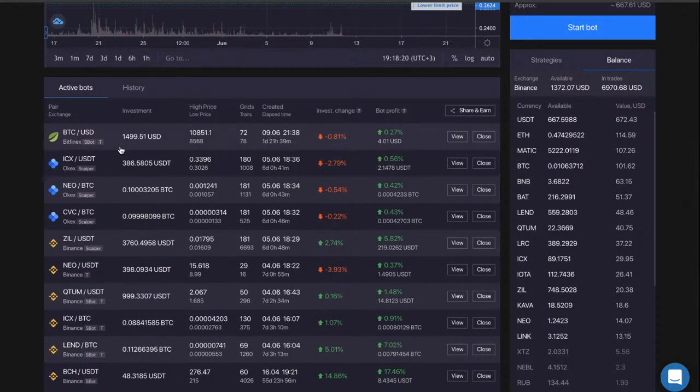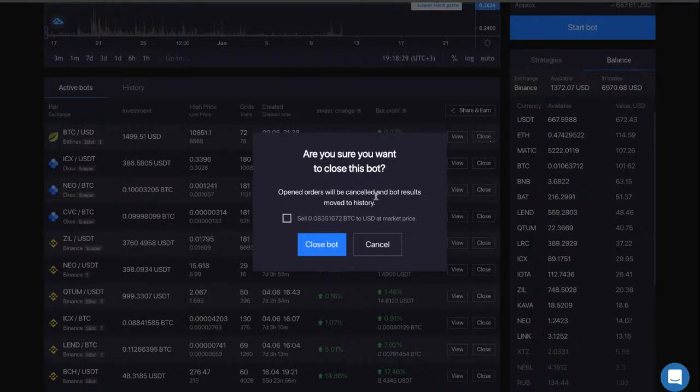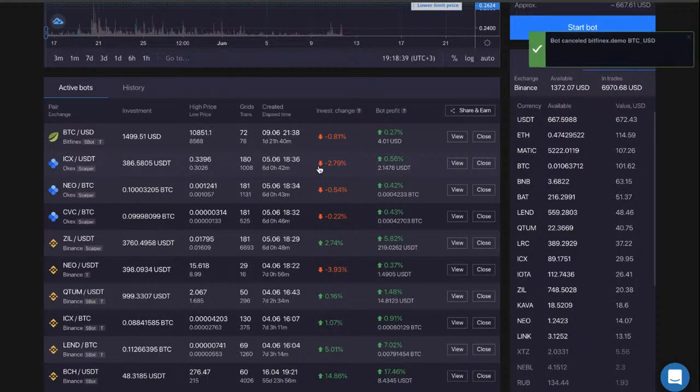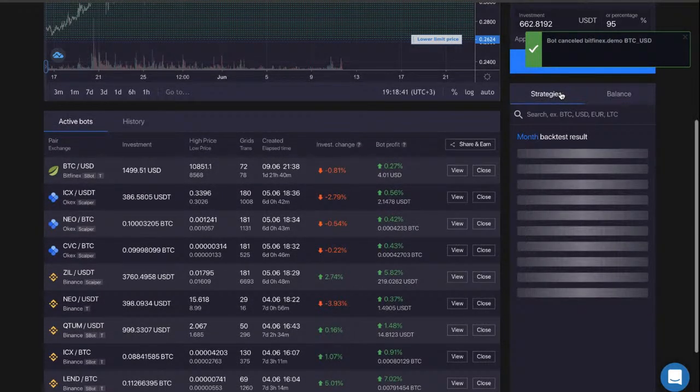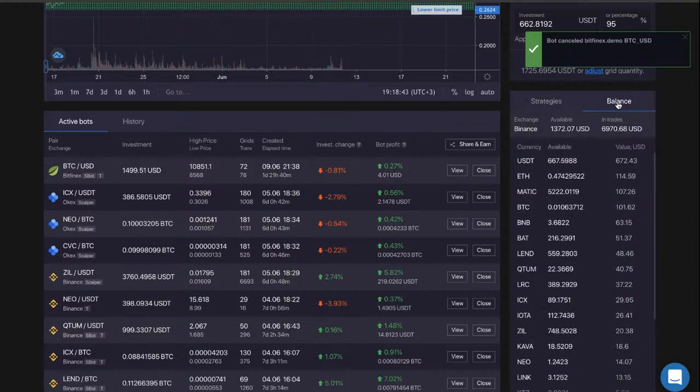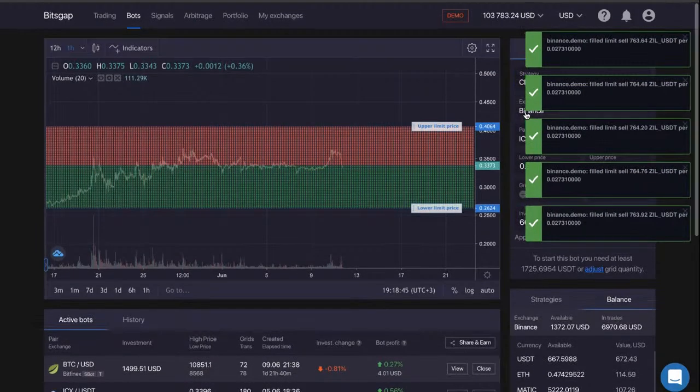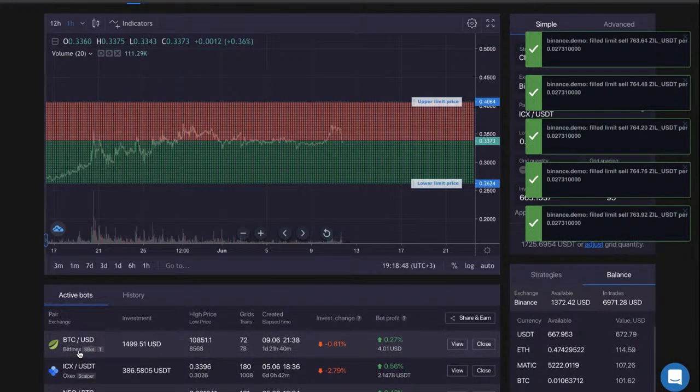For instance, let's assume that I don't want my BTC to USD bot trading anymore. So by clicking close and selling all of the BTC at current price to USD, the full exit to USD will be initiated. No, actually, sorry, that was Bitfinex.